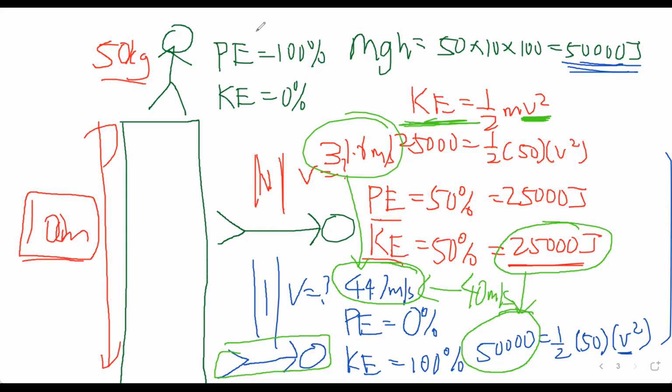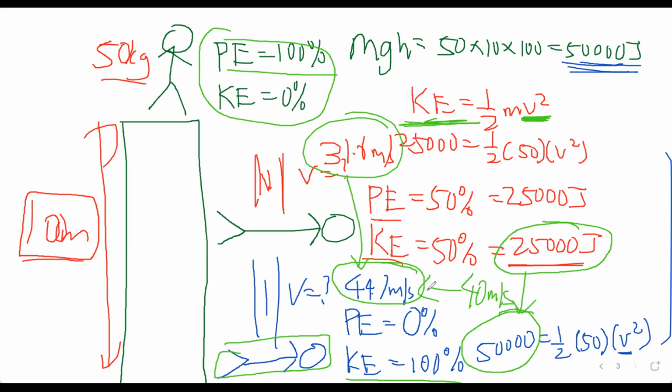Why? Because in these examples, guys, I'm assuming that 100% of the potential energy is 100% converted into kinetic energy. In reality, you know that's not possible. I cannot 100% convert it into kinetic energy, because energy will be lost to the surrounding. When I fall, there's air resistance.